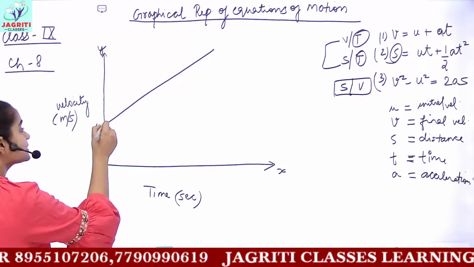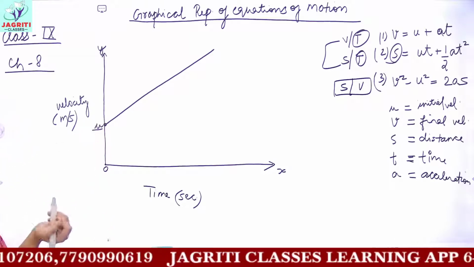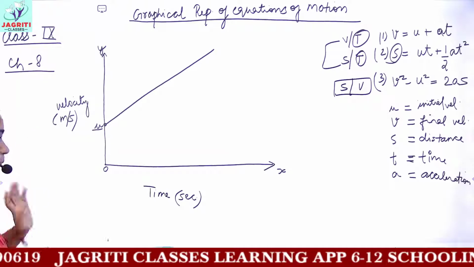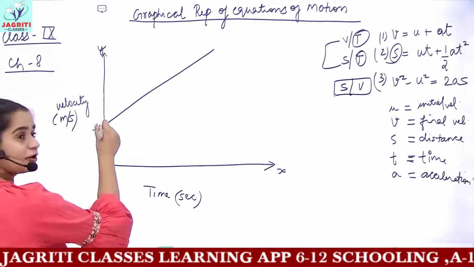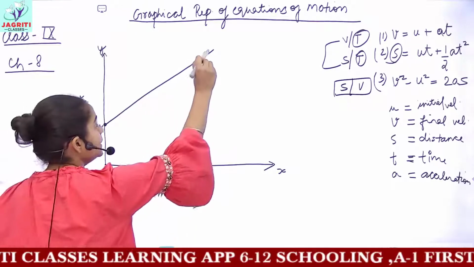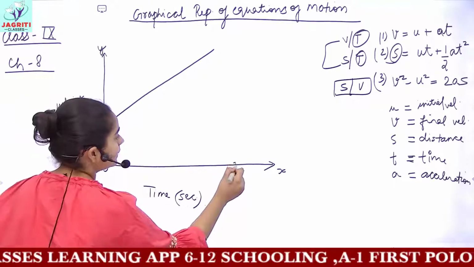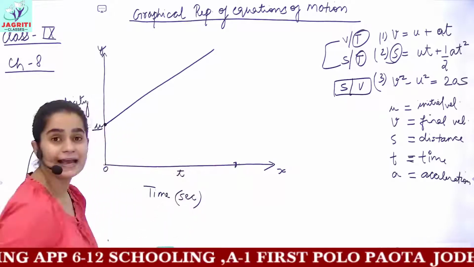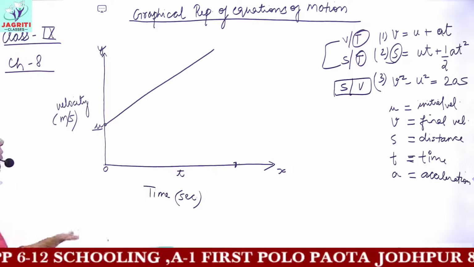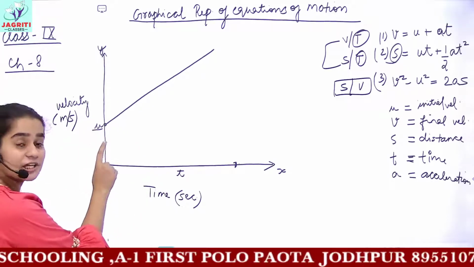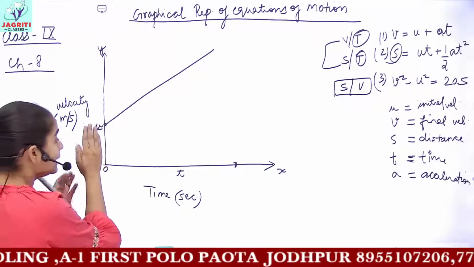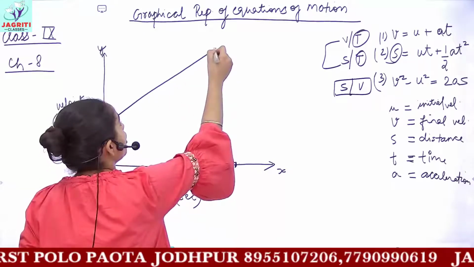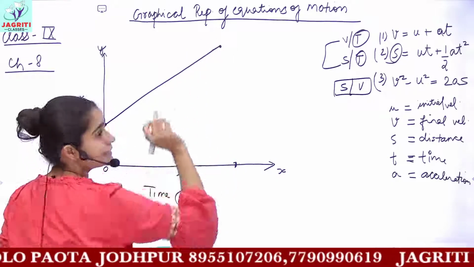Then we say that it starts with velocity u, it travels its journey, and after time interval t, from 0 to this point, you call it time small t. After some time when we observe the object, it is having velocity of v.